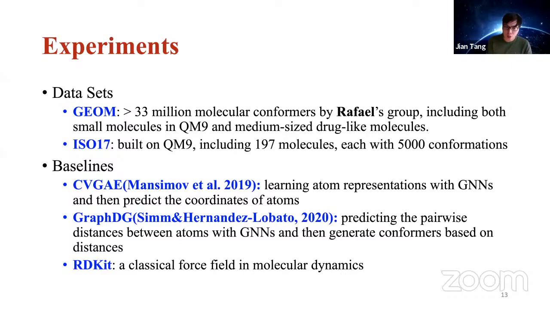Based on the edge representations, we first predict the distances among the atoms, and once we have the distances, we further generate the conformations. The third baseline is RDKit, which is basically a very classical force field in traditional molecular dynamics.